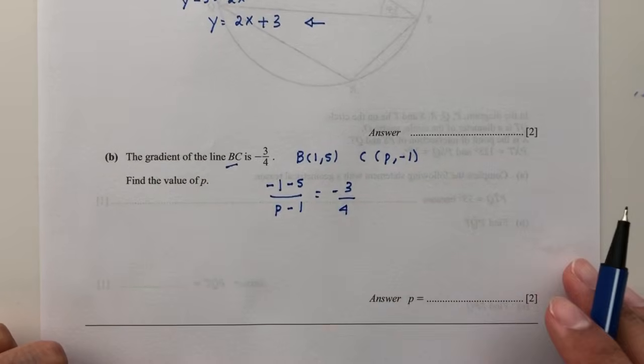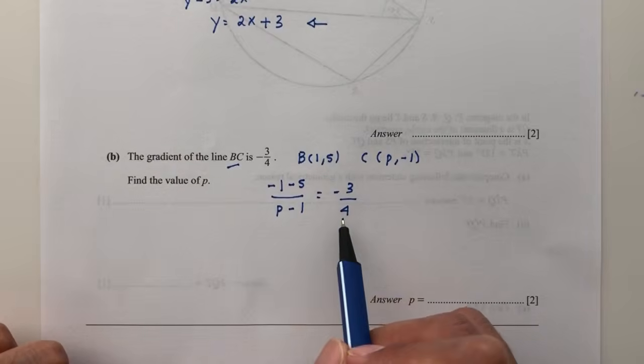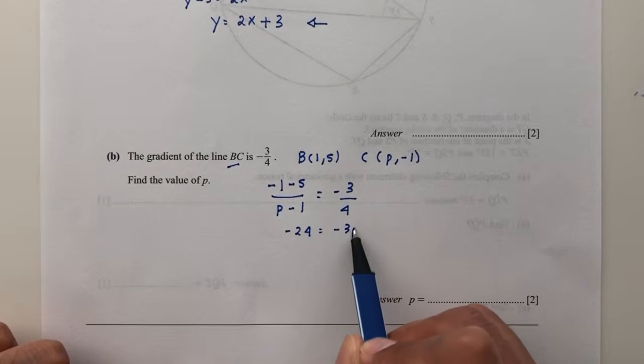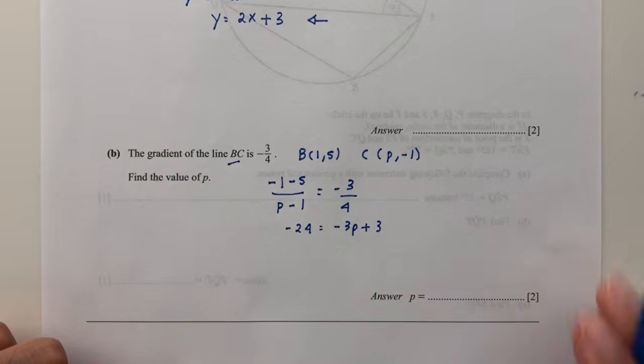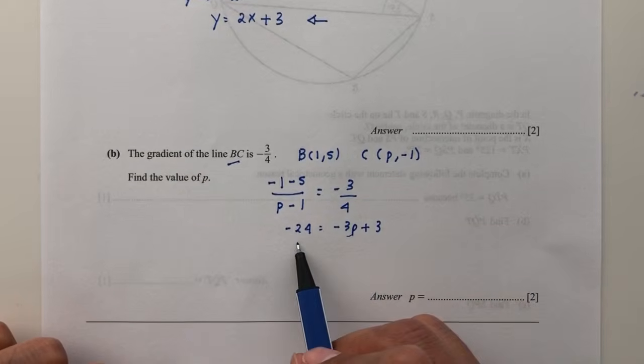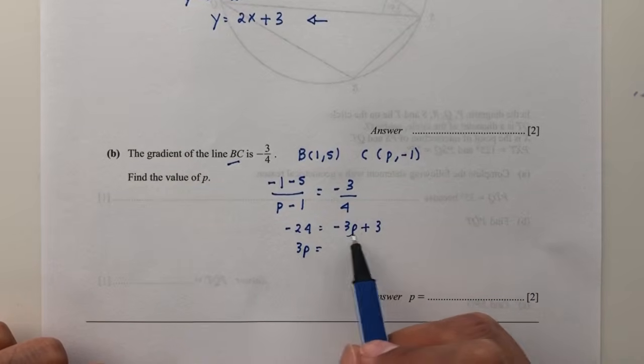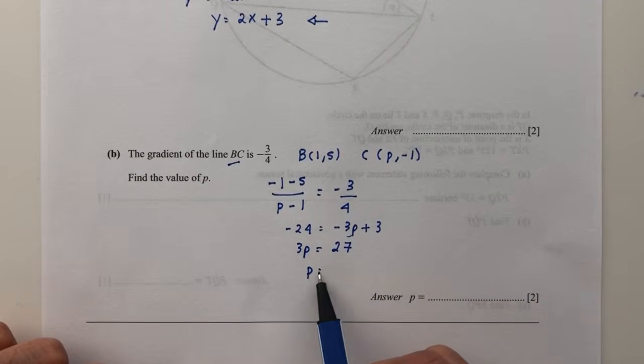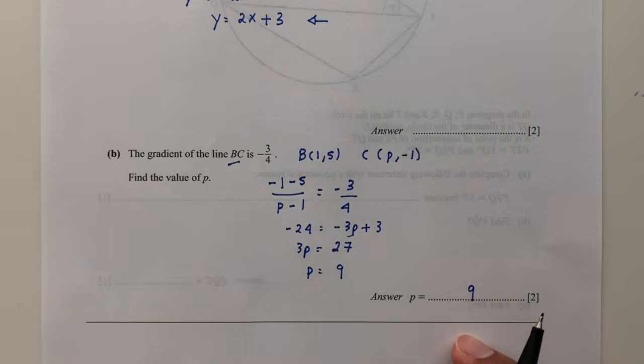Now we cross multiply. This one is minus 6 times 4, minus 24, equal to minus 3p plus 3. Now you send this one over here, you will have 3p equal to 3 plus 24, that will be 27. So p will be 9. That's the value of p. Okay, so that will be part B.